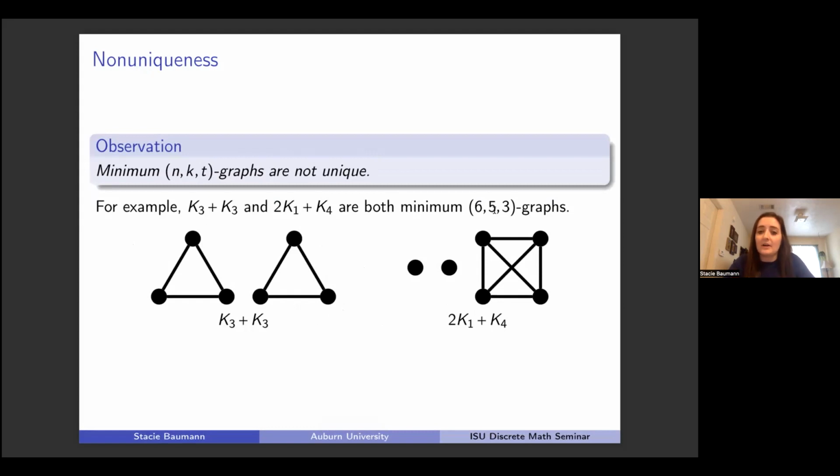With a little bit of argument, you could show that these are minimum (6,5,3) graphs, but I just want to point out they both have 6 edges, and they have this different structure. So this was leading people to believe maybe this conjecture wasn't true. It's kind of strange, right? Turán's theorem says the unique minimum graph is this disjoint union of cliques. There's only one of them. But if this conjecture was true, there's going to be more than one minimum, which was kind of strange.